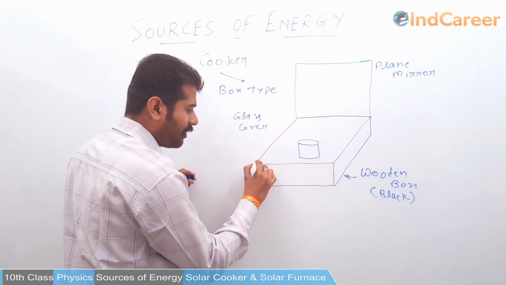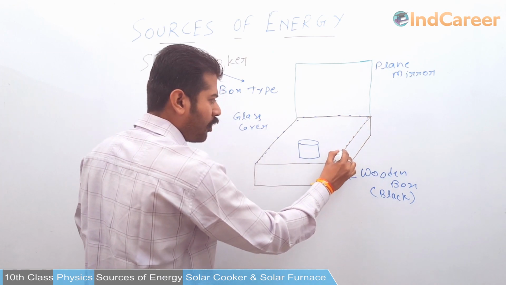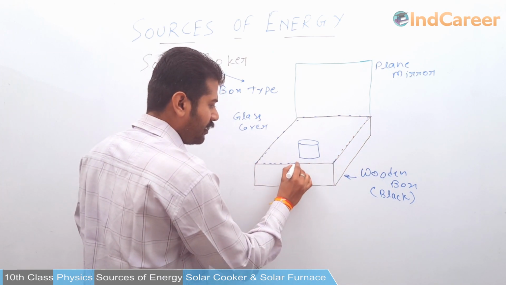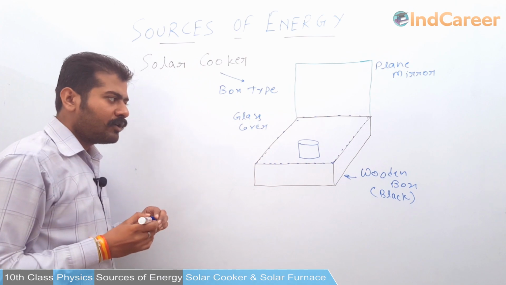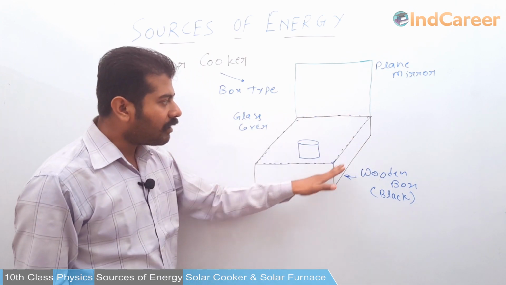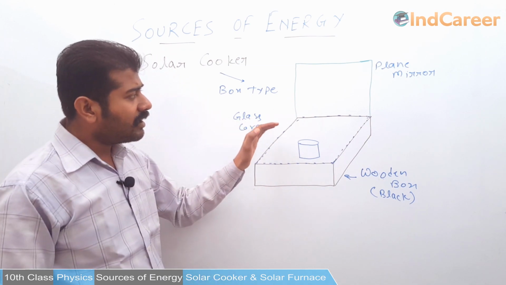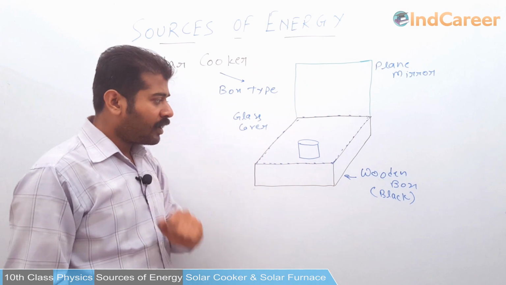In this side I am drawing this cover in the blue color. So in this black wooden box, the cover is used as a thick glass cover. Second, third, and the plane mirror.